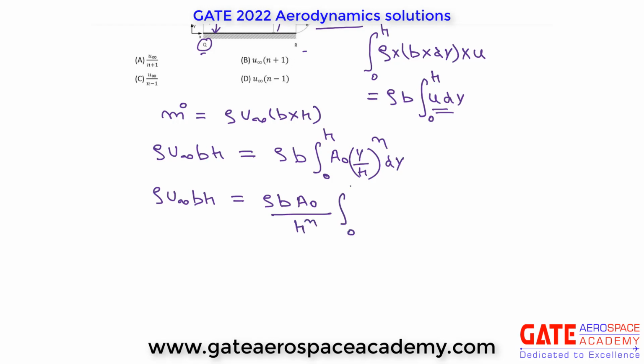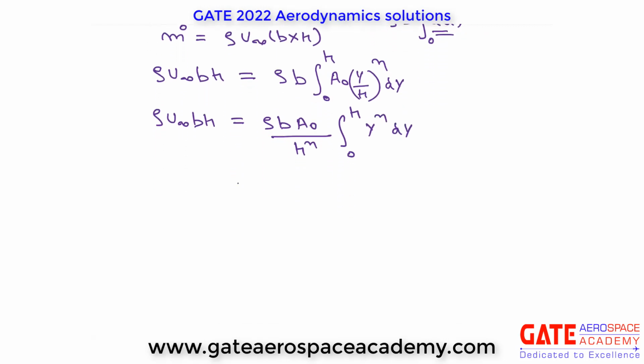Integration 0 to h y raised to n dy will be equal to rho b a naught upon h raised to n. Integration of y raised to n will be y power n plus 1 upon n plus 1. Right? Limit 0 to h.